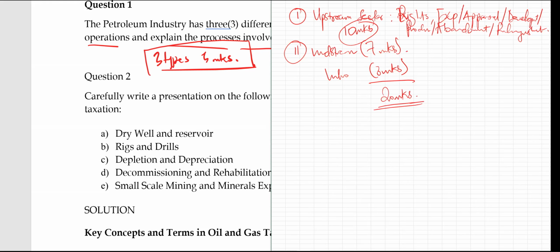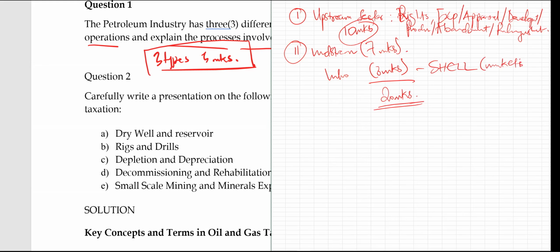Good. So when this question comes, you explain the upstream sector, it's 10 marks, then the midstream. What happened to the downstream? Downstream is Shell, Total, those ones. That place we sell. That is marketing, the OMCs.